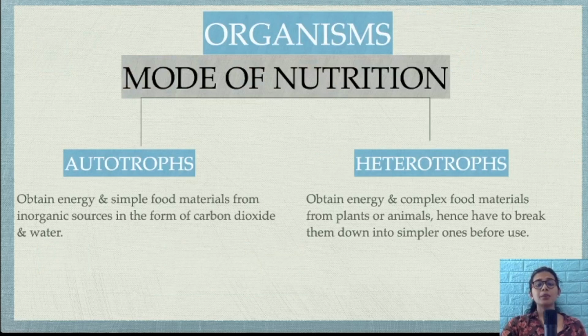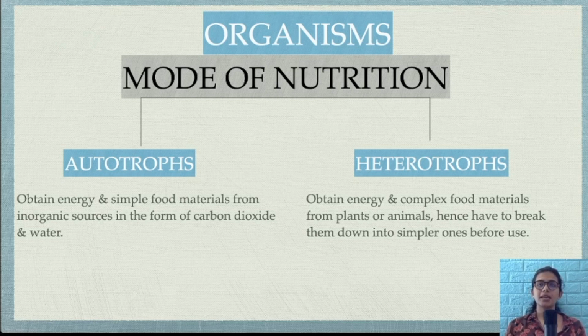Now, depending upon the mode of nutrition, that means depending upon how organisms obtain their food, they are divided as autotrophs and heterotrophs. Auto, that is self, right? So, autotrophs obtain energy and simple food materials from inorganic sources in the form of carbon dioxide and water.